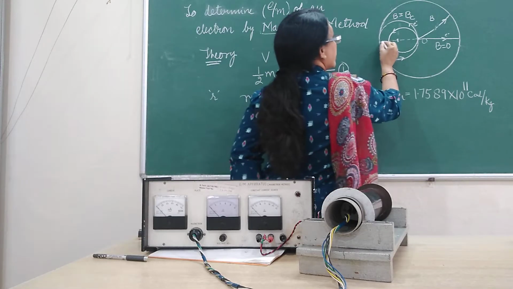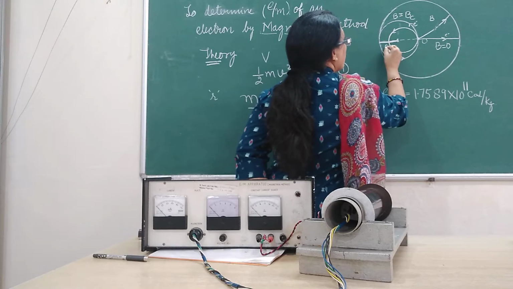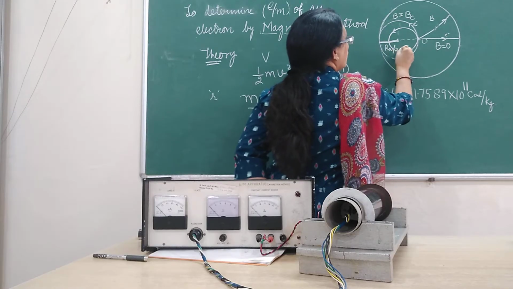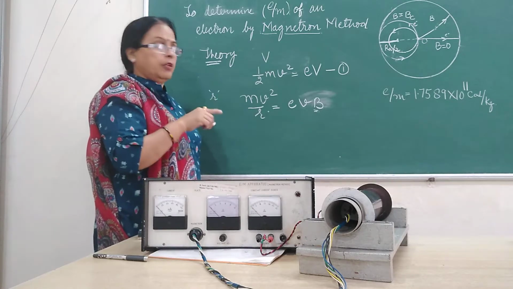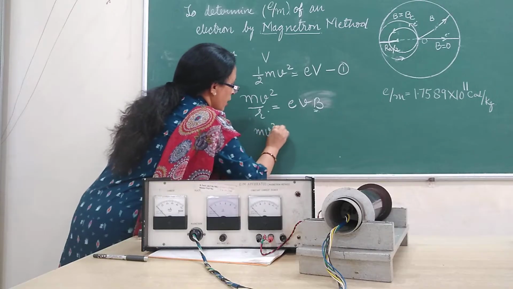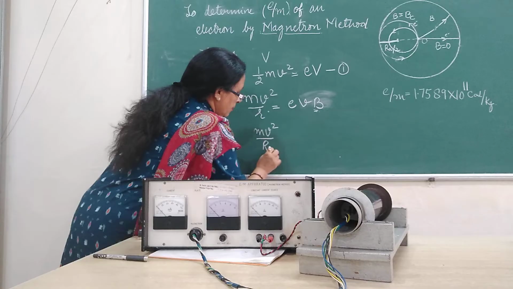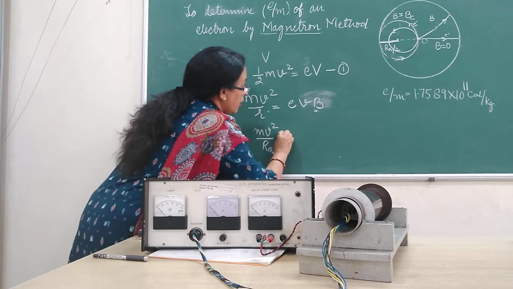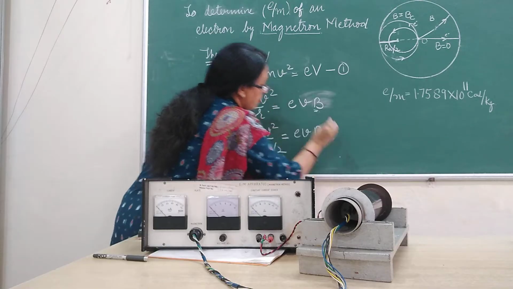We can see that it will be this radius, which is equal to RA by 2, where RA is the radius of the anode. So I can write that mv square upon RA by 2 equals eVBC.